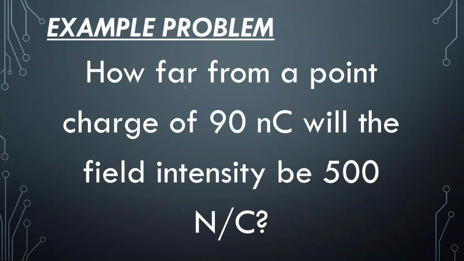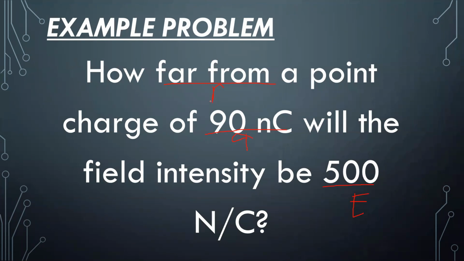How far from a point charge of 90 nanocoulomb will the field intensity be 500 Newton per coulomb? In this case, we are looking for the distance, with a charge of 90 nanocoulomb, which is our Q, and the electric field is 500 Newton per coulomb.